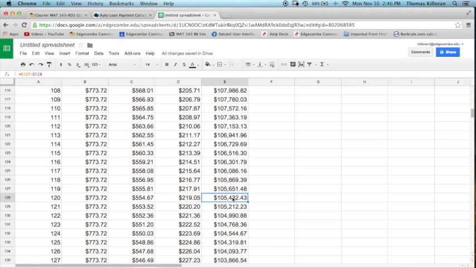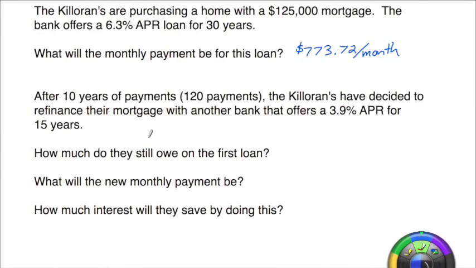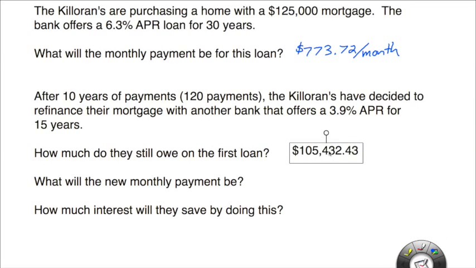So their balance after their 120th payment was this amount, $105,432.43. So I'll copy that and paste it in here. So this is how much money they still owe on their old loan after making their 120th payment.